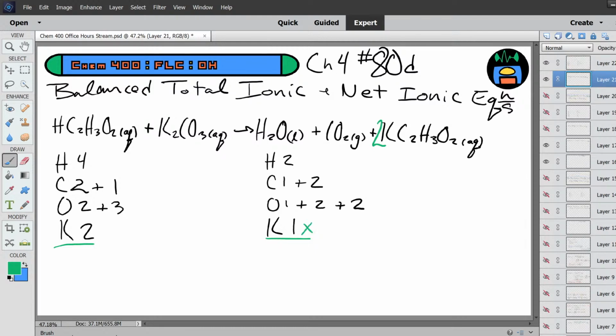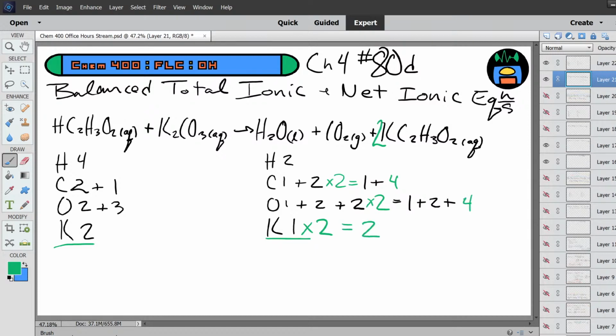This is going to throw everything out of whack because now we have to multiply this by 2 and this by 2. So our carbon count is now 1 plus 4, and our oxygen count is now 1 plus 2 plus 4. But hey, potassium's balanced, right?